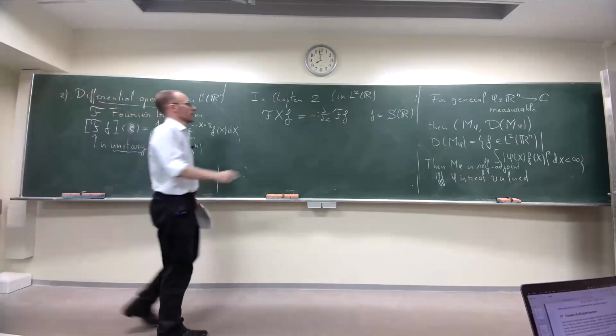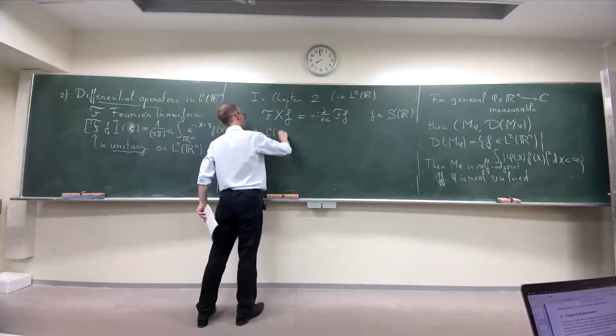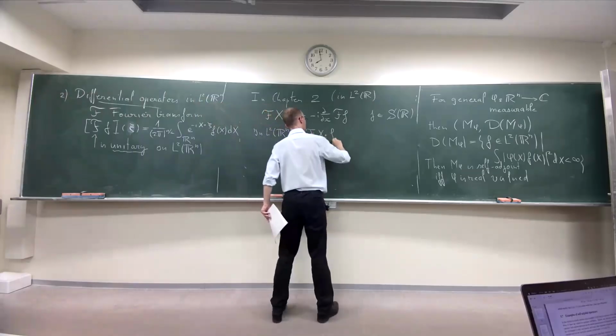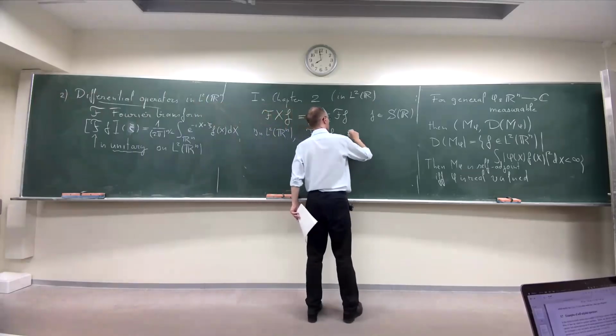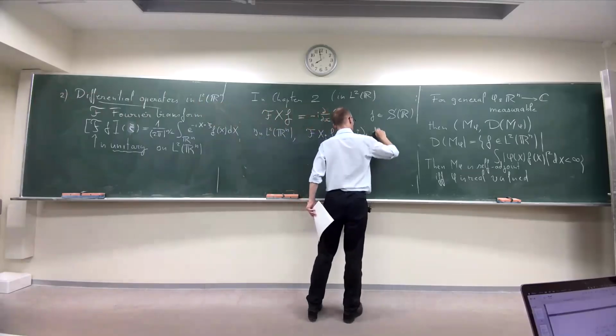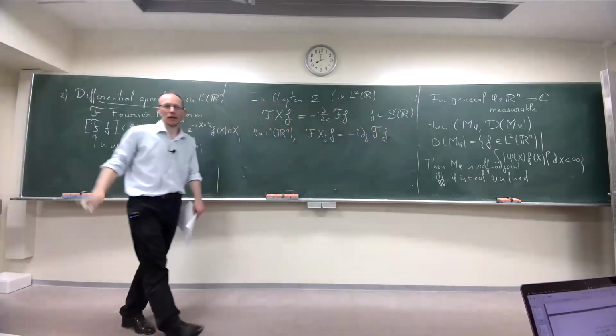Right. Now, in L2 of Rn, I can do the same thing. We have f, and xj f is equal to minus i dj of the Fourier transform of f. Do you understand what is the meaning?